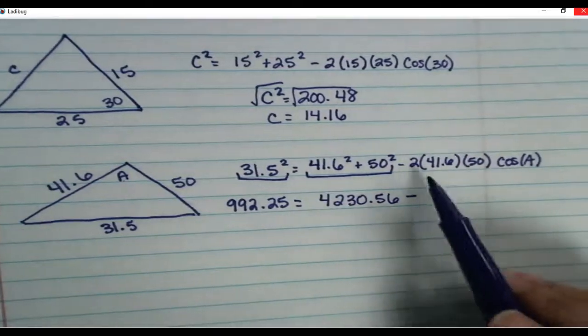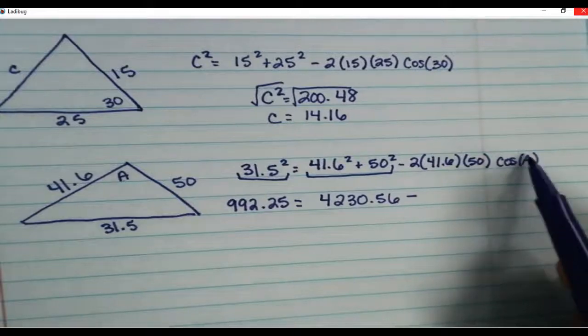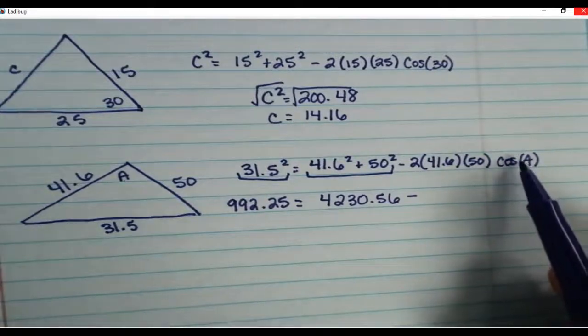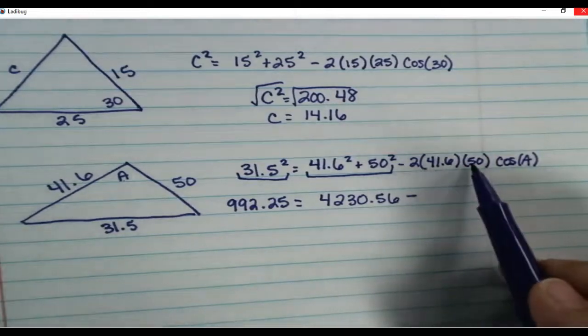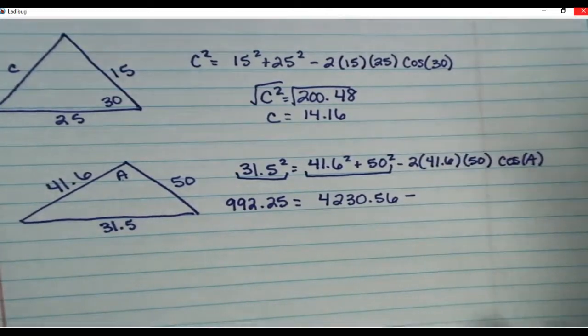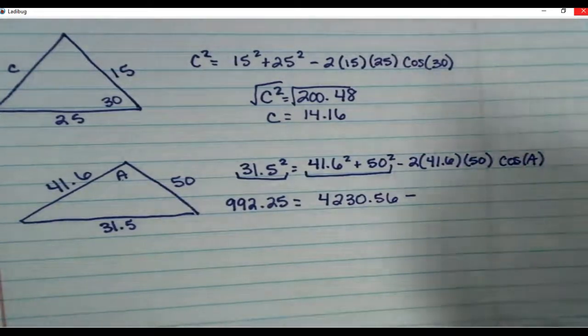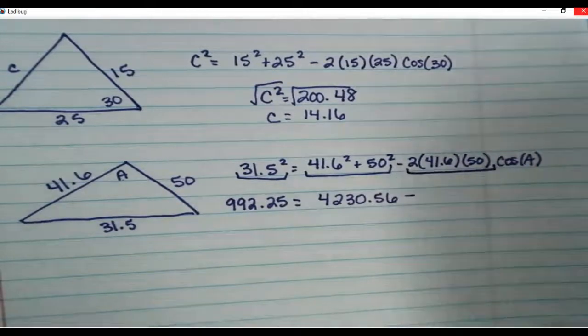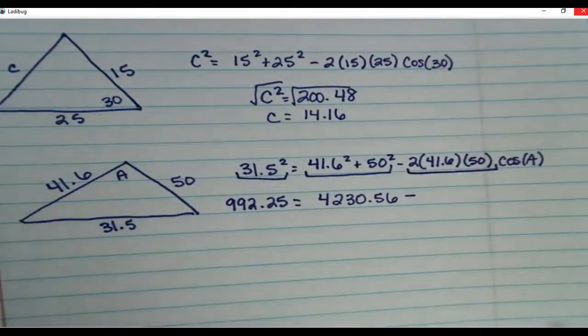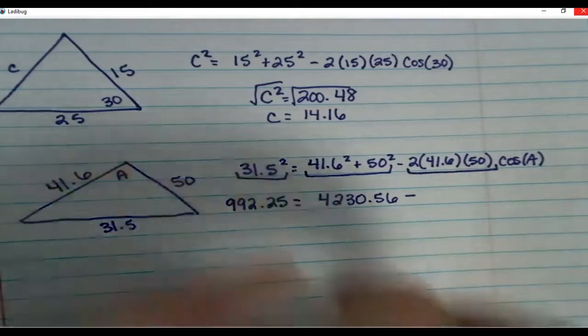Now if I'm looking at this, I know I'm going to have to get this cosine by itself. But we need to simplify everything first. Well, if all of this is multiplication, you can multiply, like 2 times 2x, and that's fine. So remember, you can multiply and you can divide. You just don't want to add and subtract. So we can go ahead and multiply all of these, our 3 numbers, 2, 41.6, and 50.